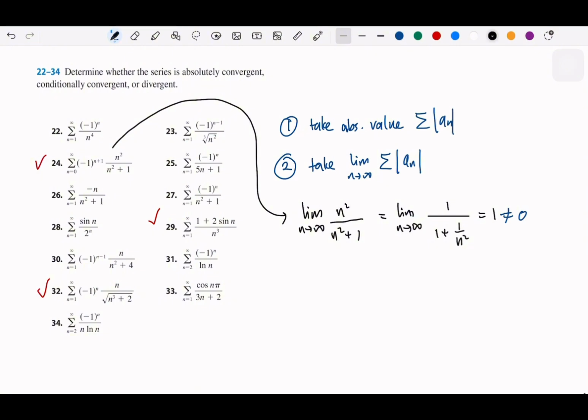The second thing, we can write that the limit also doesn't exist.